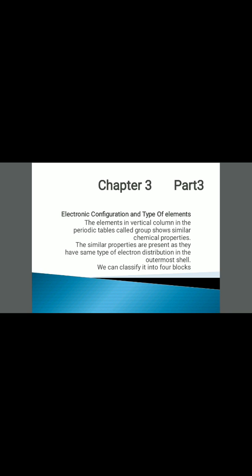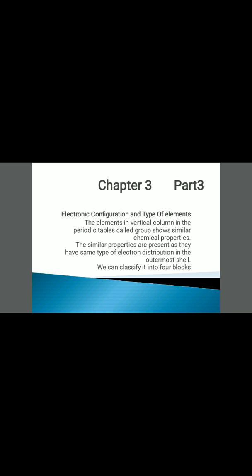The elements in a vertical column in the periodic table, called a group, show similar chemical properties. The similar properties are present as they have the same type of electron distribution in the outermost shell.